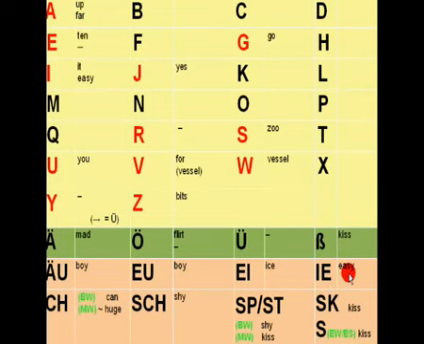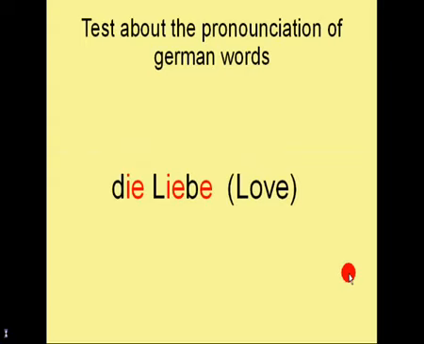So the last letter, which is probably pronounced differently than in English, is the letter E, because I assume that in this case you English people would not pronounce it like we Germans do, but maybe you would not pronounce it at all, like in love you also don't pronounce the E there. So I also put this in red because I assume that you pronounce it differently than us.